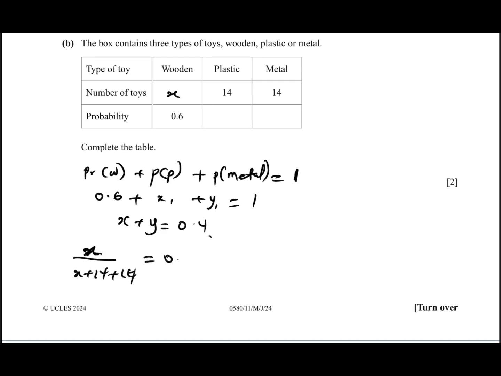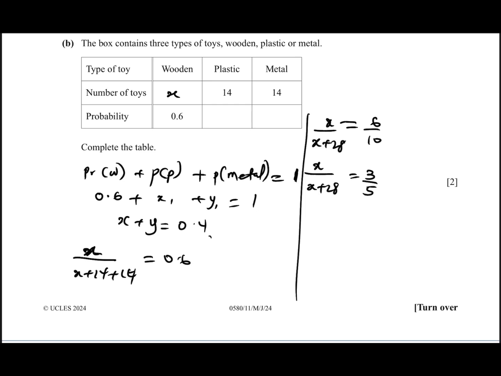So that one is 0.6. So if we do this now, what we have is x over x plus 28 is equals to 0.6, which is 6 over 10, which is still the same thing as 3 over 5. So let's simplify that way.